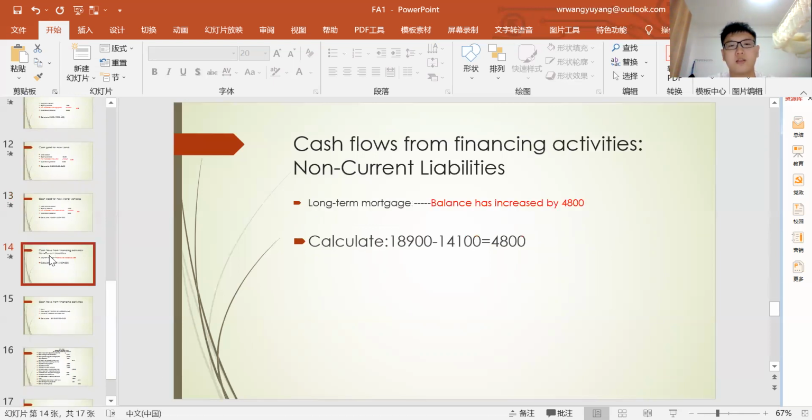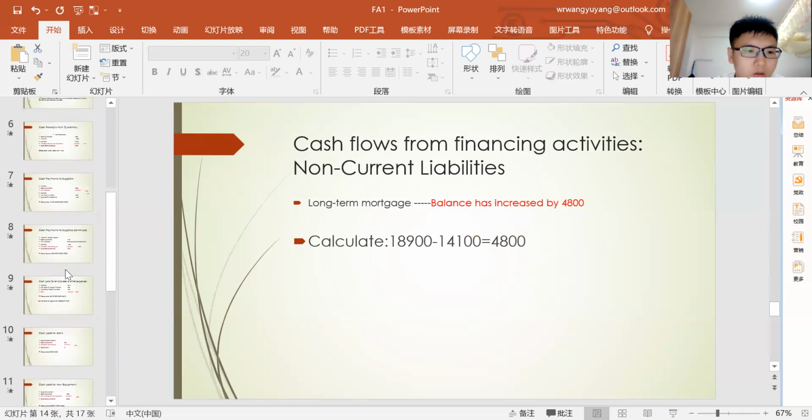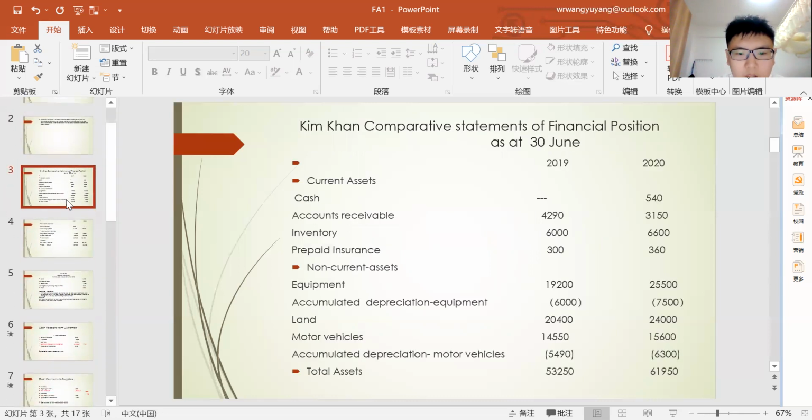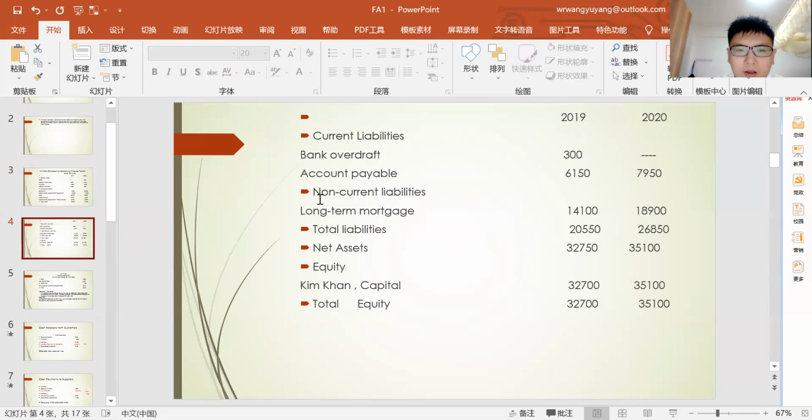And the next step is cash flow from financing activities. This part is about the long-term mortgage. We can see the data: the opening balance is 14100 and the closing balance is 18900.